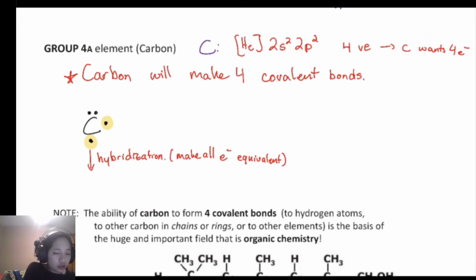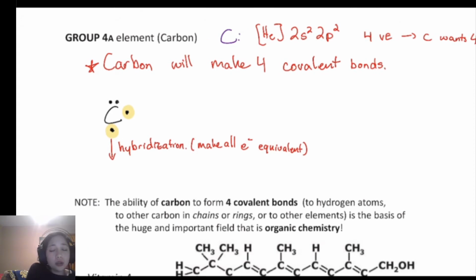Essentially, the true Lewis dot structure for carbon when it's in different molecules is actually this. It makes all the electrons equivalent, so it looks like this. Now you can see that there are four perfect spots to share an electron to form a covalent bond.